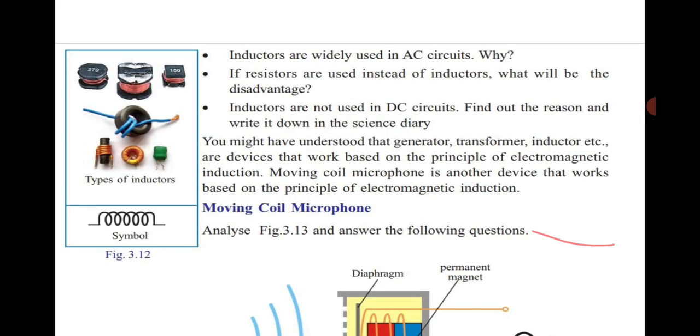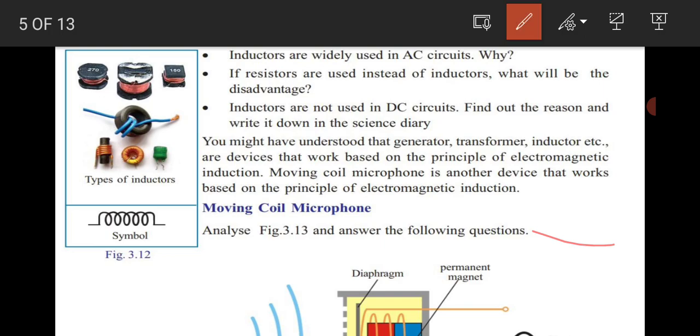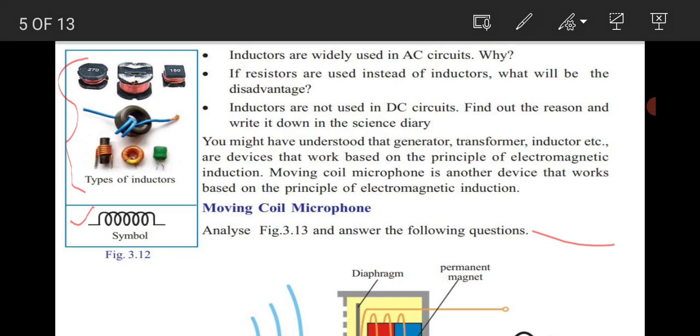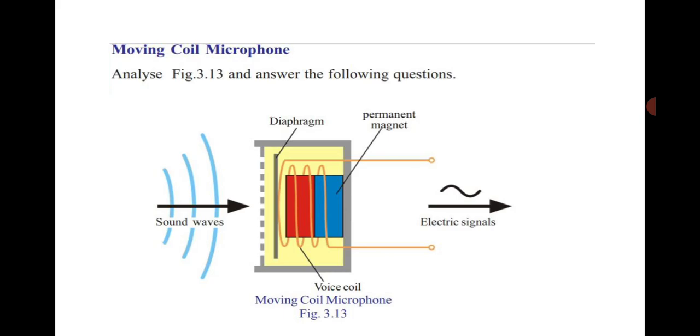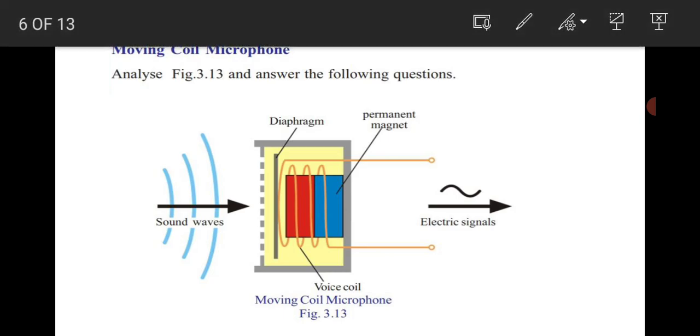This is the symbol of an inductor, and these are the varieties of inductors. Okay. Then next we are going to discuss what is moving coil microphone. What is microphone? Yes, microphone is used to convert the sound energy into electrical energy in our daily life.